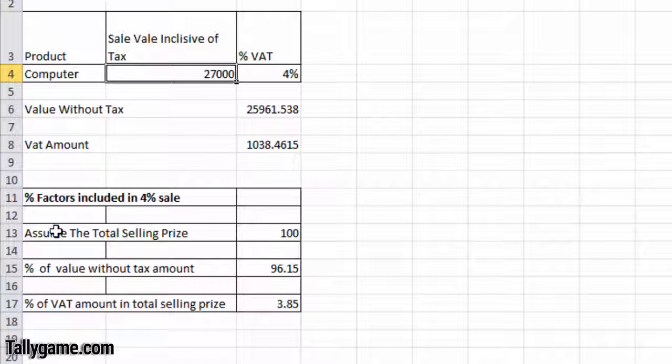To find out, first you have to assume that the total selling price is 100, that is 27,000 equals 100, and the percentage of value without tax equals 100 into 100 divided by 104. So 96.15 is the percentage of the value without tax amount, and 100 minus 96.15 is equal to the percentage of the VAT amount in the total selling price. So we have found out the factors included in the 4% sale.